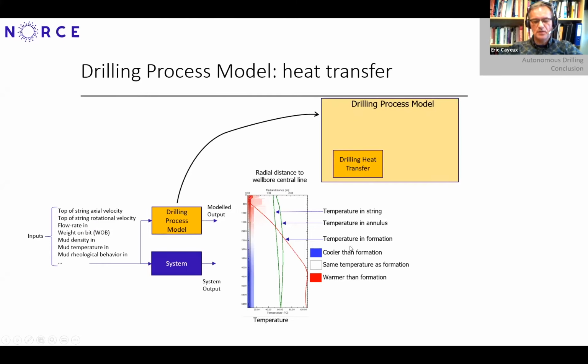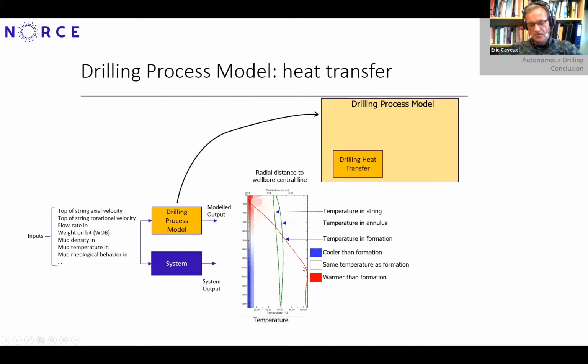So basically, what we can see here is some results of the simulation that we have done, after a certain period of circulation, about the temperature inside the string and the temperature in the annulus of the fluid at different depths for a well which is quite long. It's more than 8 kilometers long.